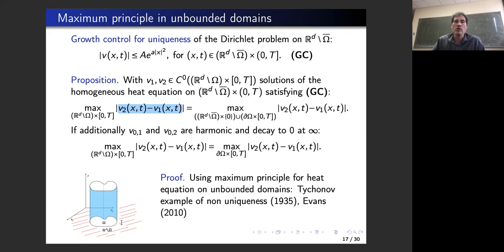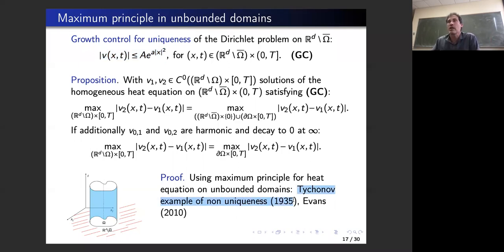Of course, you need to assume some sort of regularity in here, and the regularity is that V, the solution to the heat equation, should not grow faster than the reciprocal of a Gaussian, which is also, incidentally, the same condition that you need for uniqueness of the exterior Dirichlet problem. By the way, this is a classic example of non-uniqueness for the heat equation by Tikhonov.